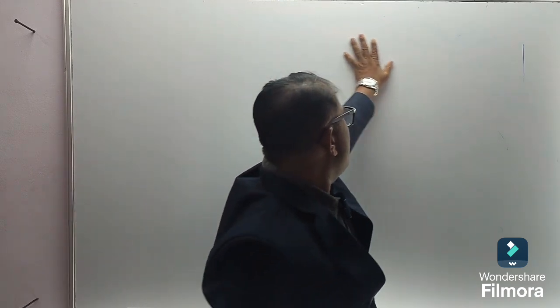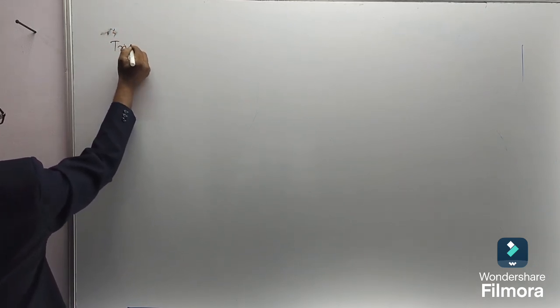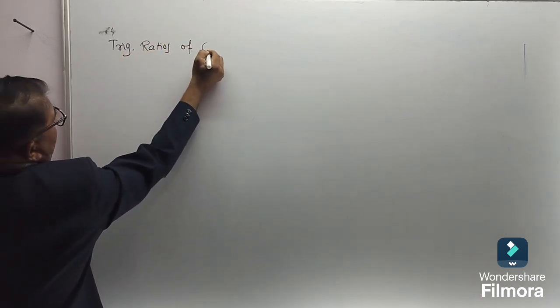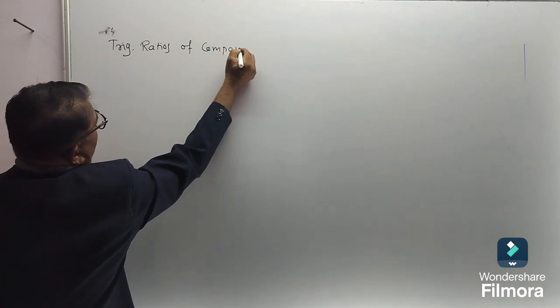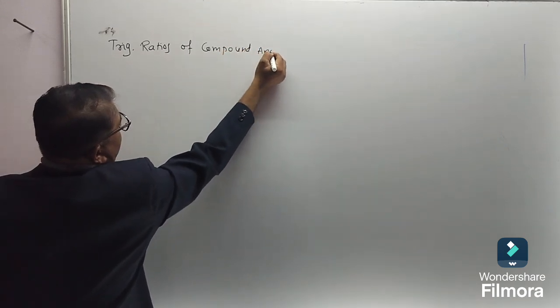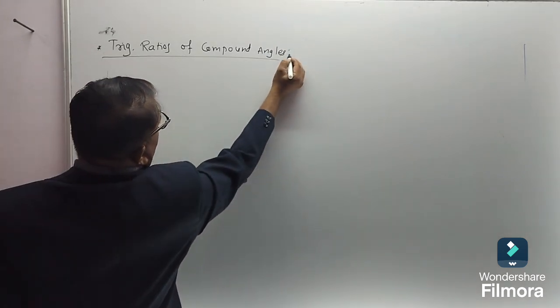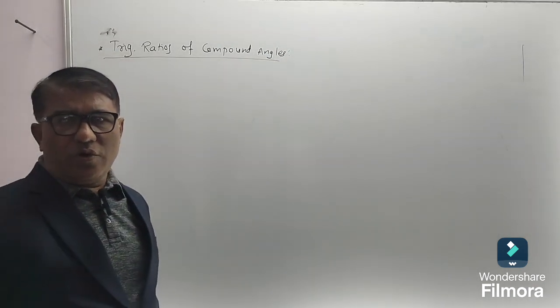I am not going to discuss here how they are derived. Here we have to remember just all these formulas. What I am telling about is trigonometric ratios of compound angles, to answer 75 degree, 15 degree and so on.